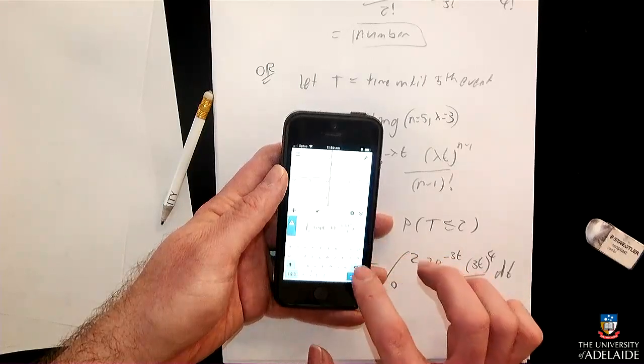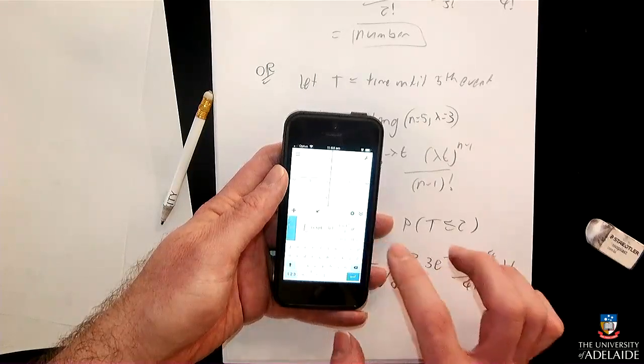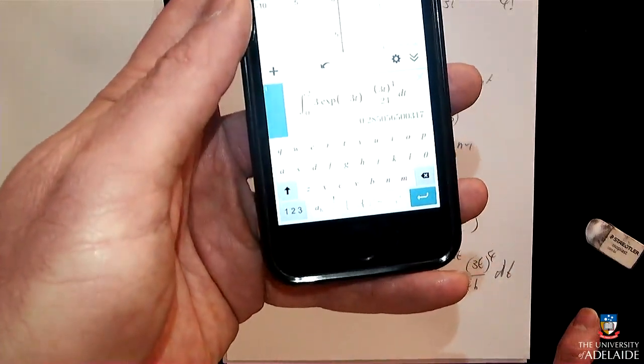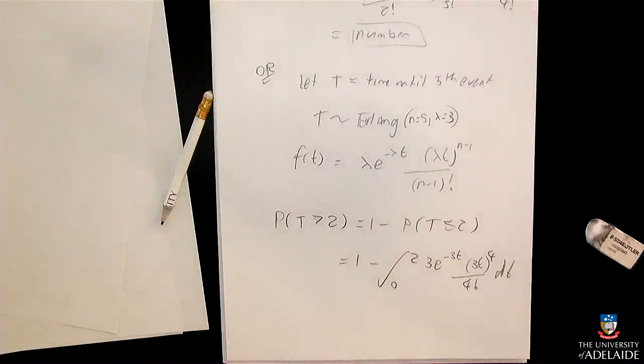It's apparently 0.28505. I wonder if that's the same answer as the other thing.